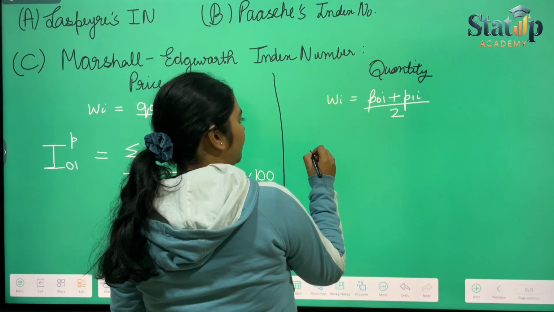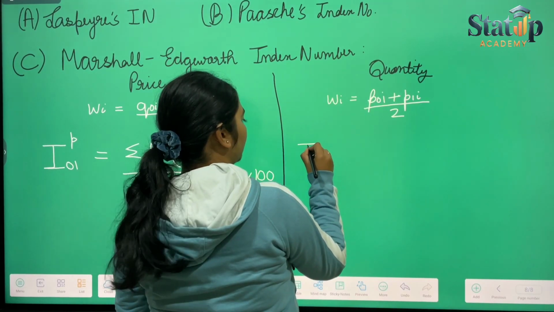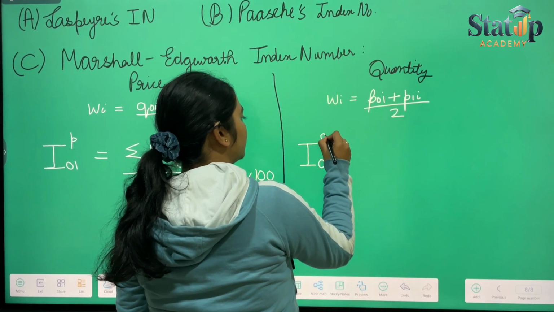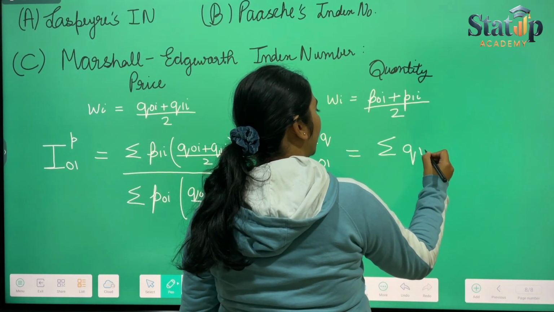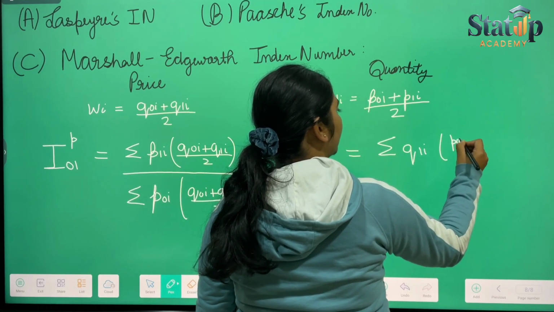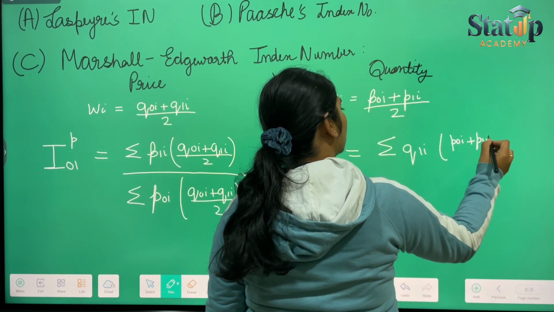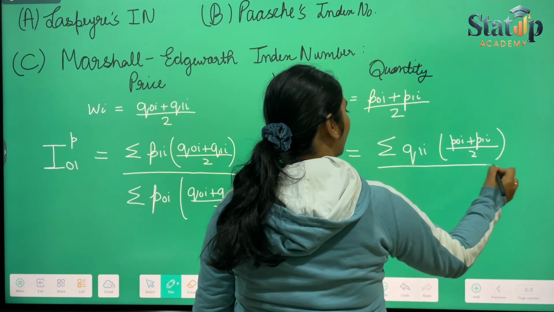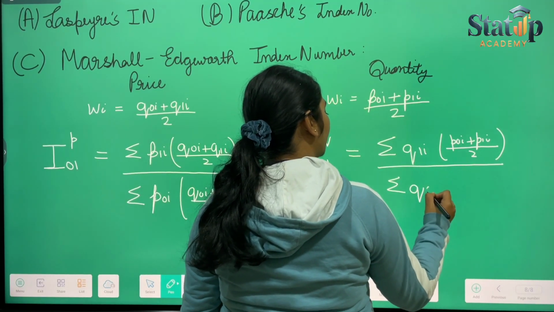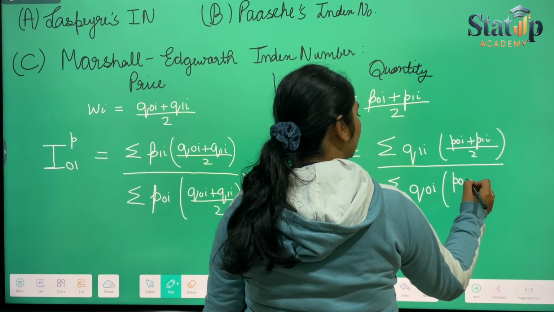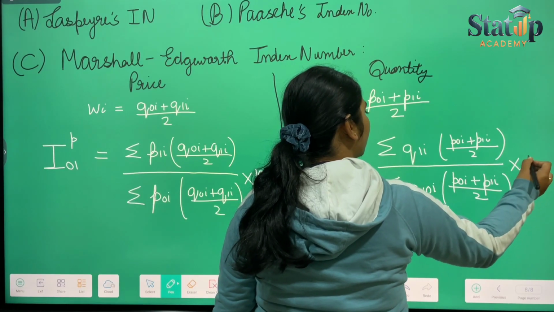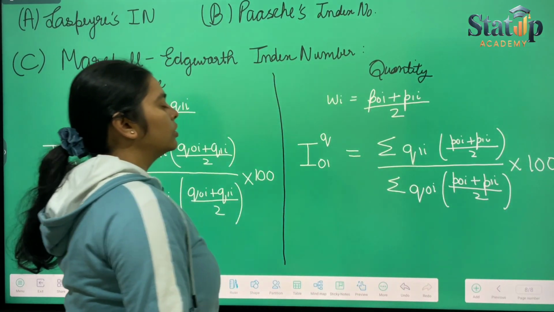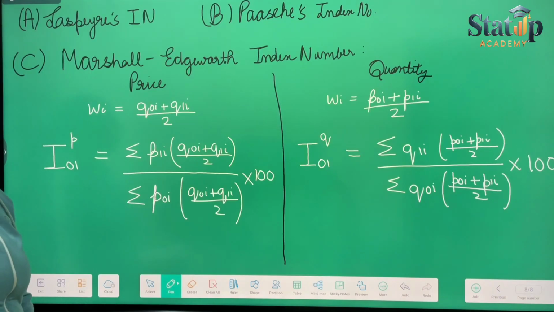So this would be I01 Q equal to summation of Q1i (P0i plus P1i upon 2) upon summation of Q0i (P0i plus P1i upon 2) into 100. So these are the two Marshall Edgeworth index numbers, price index number and quantity index number.